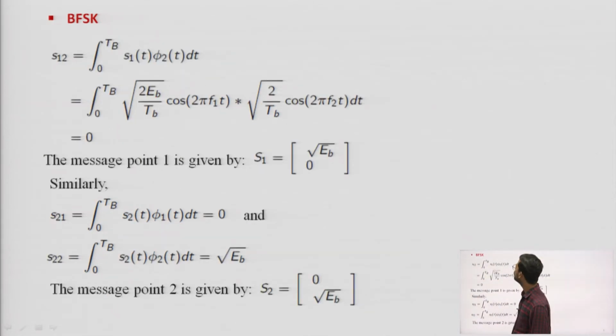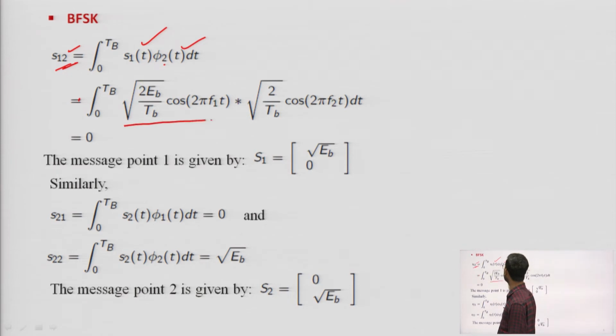Similarly, S12 is your message signal S1 multiplied by the basis function phi 2. So S1(t) multiplied by phi 2(t) dt, where S1(t) is root 2 EB by TB cos 2 pi F1t, and phi 2(t) is root 2 by TB cos 2 pi F2t, dt.